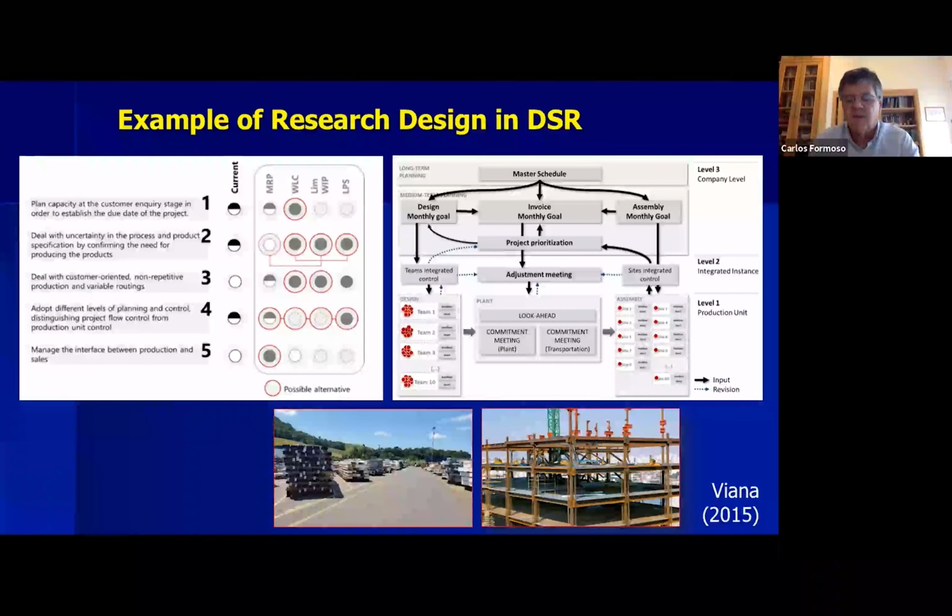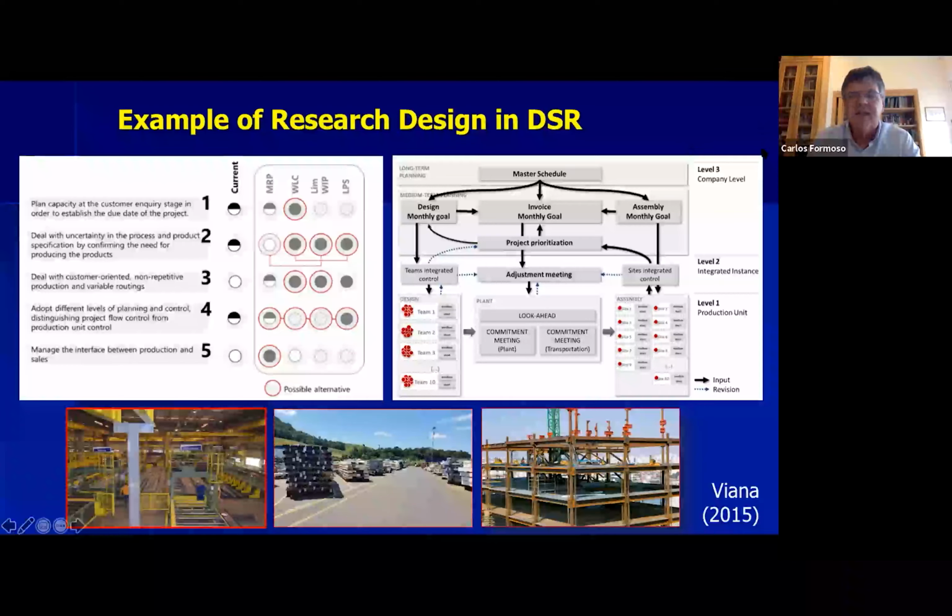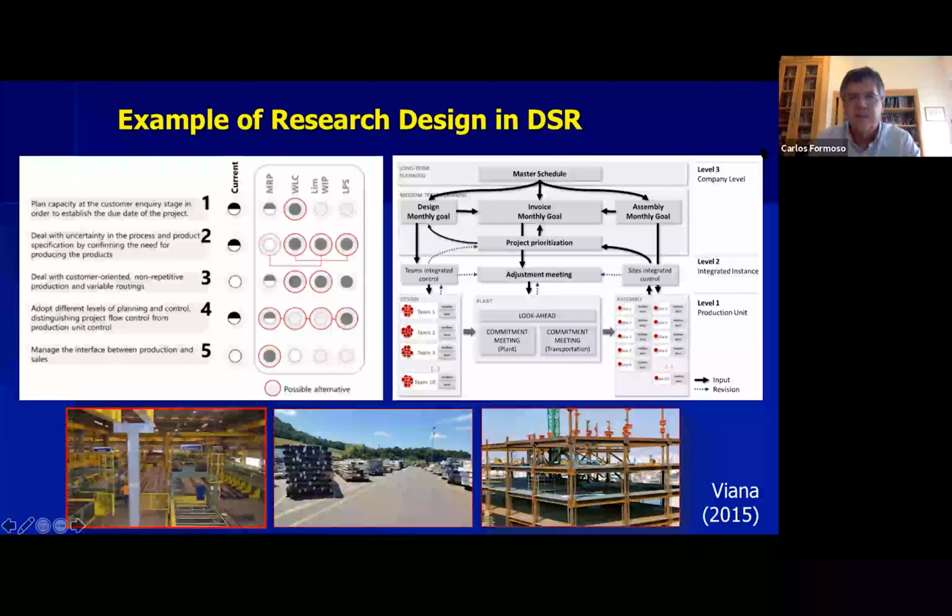So that's what Daniela did. She connected different planning elements into an integrated framework. So this is the prescriptive contribution.